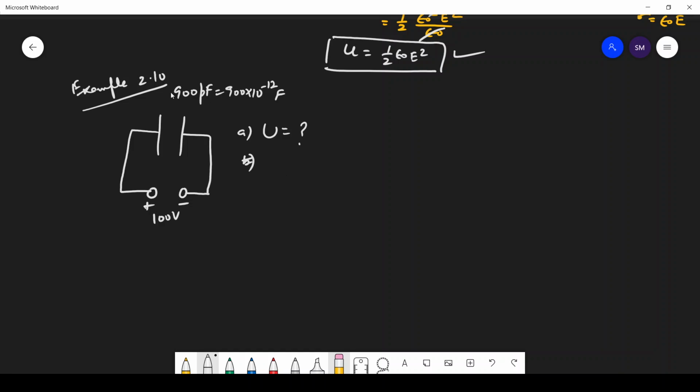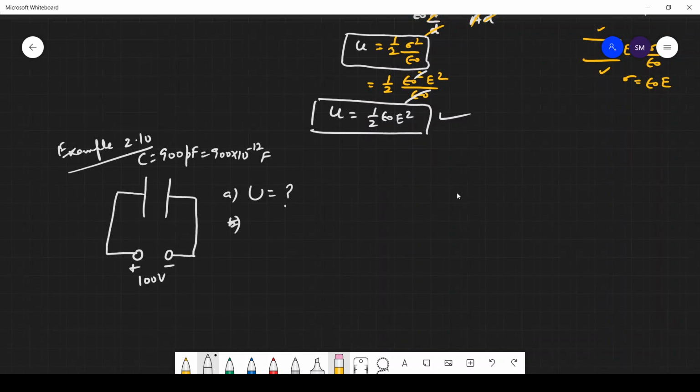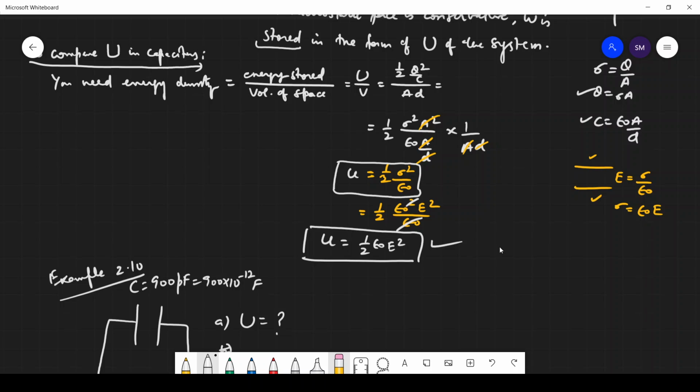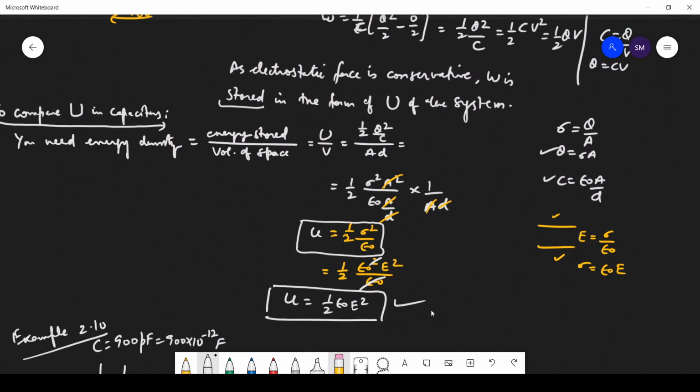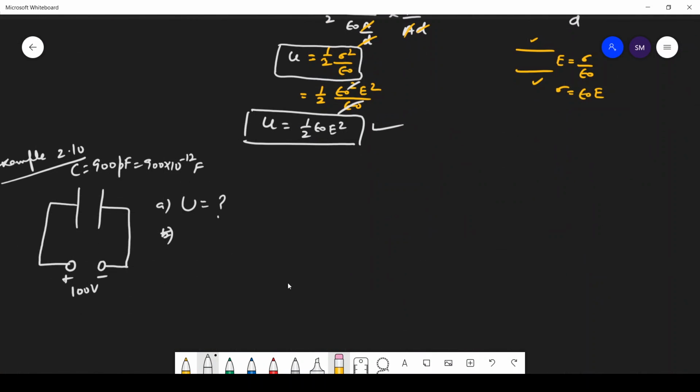So what do you have? You have C and you have V. So what formula do you have which is connecting C and V? So we have derived these three formulas over here. So C and V, so that's half CV square. So the potential energy is equal to half CV square.